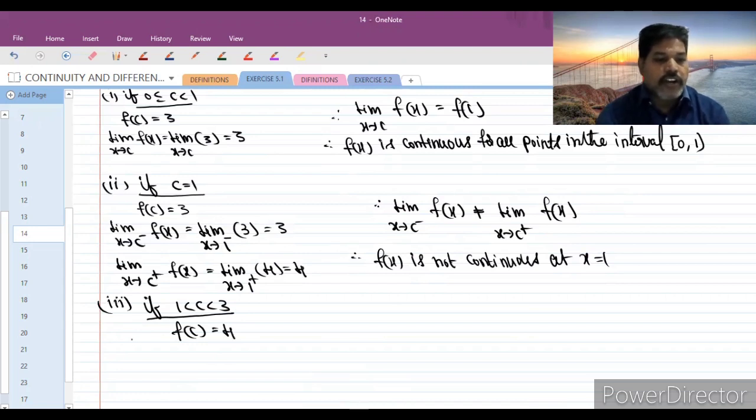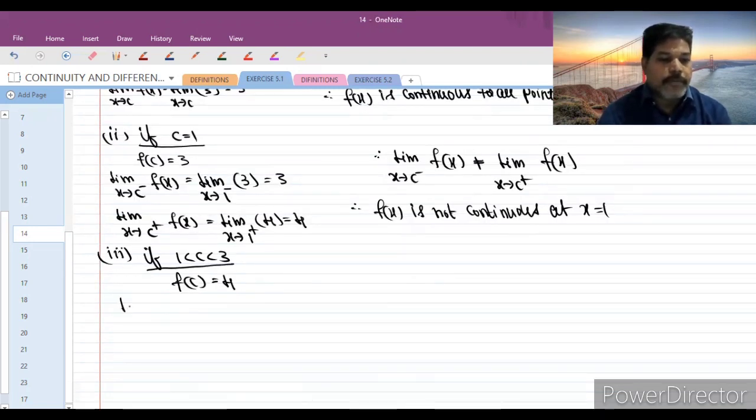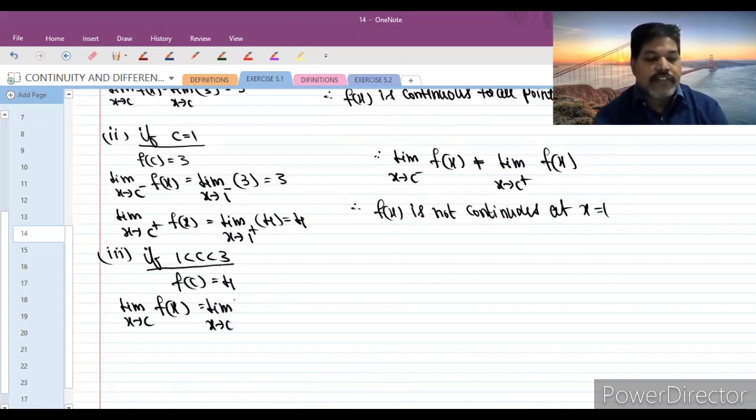Similarly, the limit as x approaches c of f(x) will become 4 only. So automatically this value will become 4.